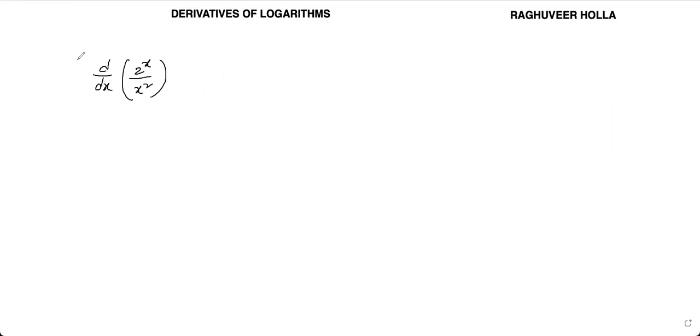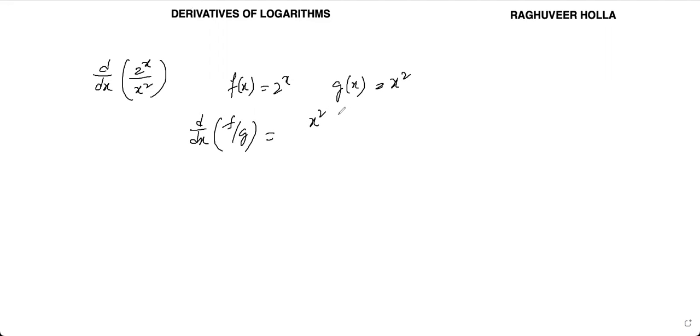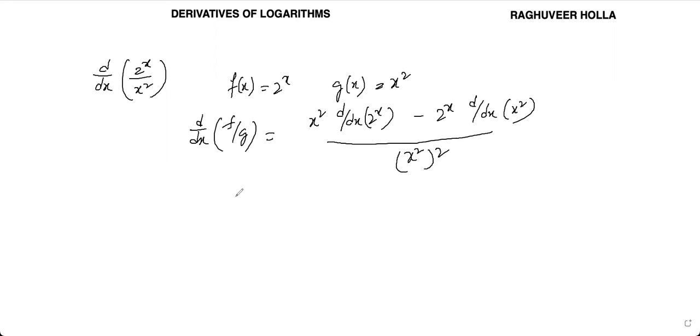So let us apply the quotient rule. That is f of x is 2 to the power of x and g of x will be x squared. So d by dx of f by g, which is x squared into d by dx of 2 to the power of x minus 2 to the power of x d by dx of x squared, divided by x squared whole square.